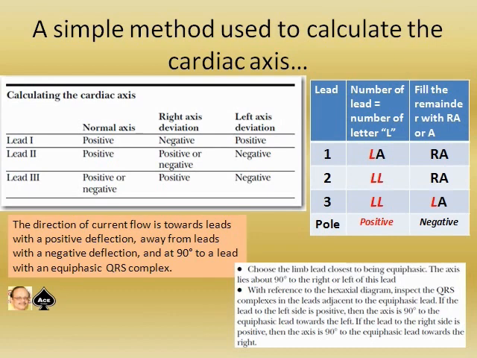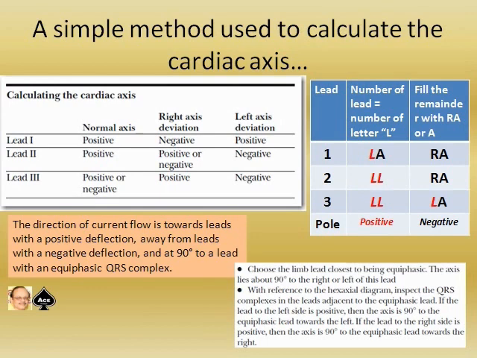The direction of current flow is towards the lead with a positive deflection and away from the lead with a negative deflection, and at 90 degrees to a lead with an equiphasic QRS complex. So you choose the limb lead closest to being equiphasic, and the axis lies 90 degrees to this, right or left of this lead.